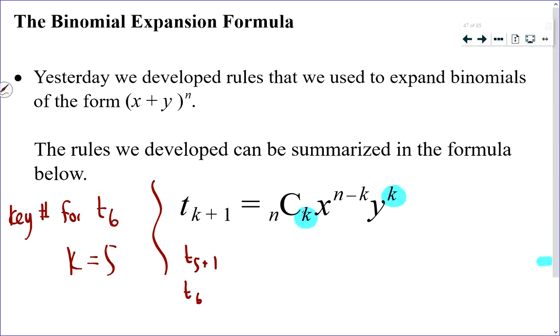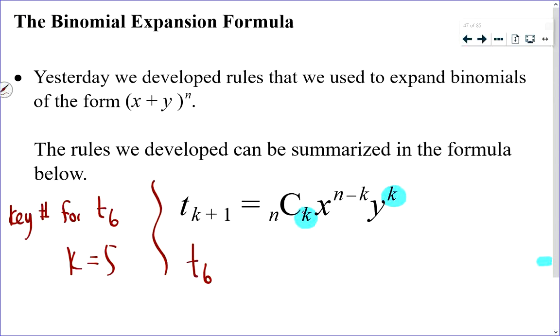It's k plus 1 because it's telling you you need to put a number in for k that when you add 1 to it gives you the term number. And I find over the years that I tell students more and more, don't even worry about this k plus 1. You can just go T6 here and know that k is 5. I think the k plus 1 is confusing.